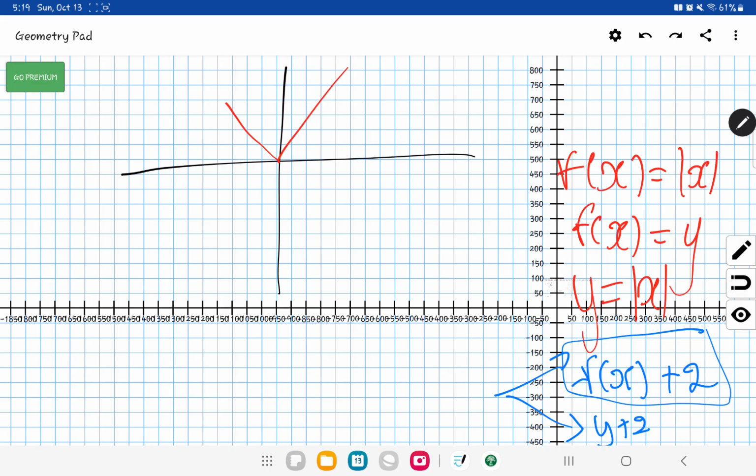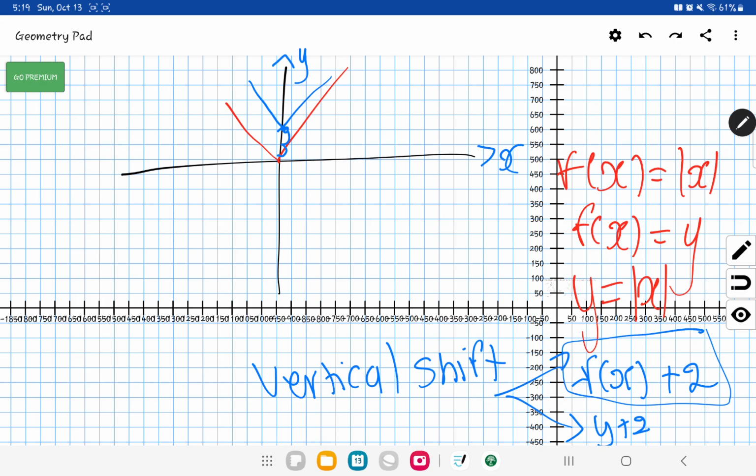So if you add a number to the f(x) or the y, this is called vertical shifting, meaning it will shift about the y-axis. This is the y-axis. This is the x-axis. So let's say plus 2, it will go up. The original graph will go up 1, 2, so it will be here now. And this is what it will look like.